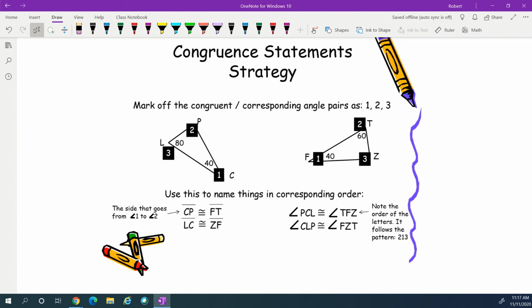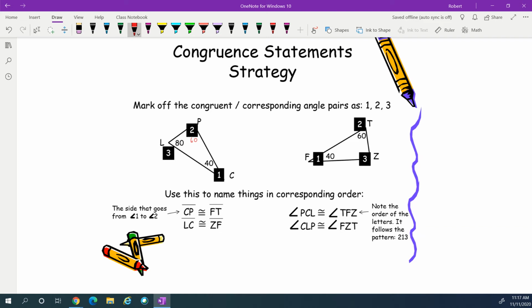Vertex 1, vertex 2, vertex 3. Now, it's certainly helpful to find the missing angle. So if we have 80 and 40, we can find out that our missing angle here is a 60. So I did this 1, 2, and 3. Now I'm going to match that in the other triangle.